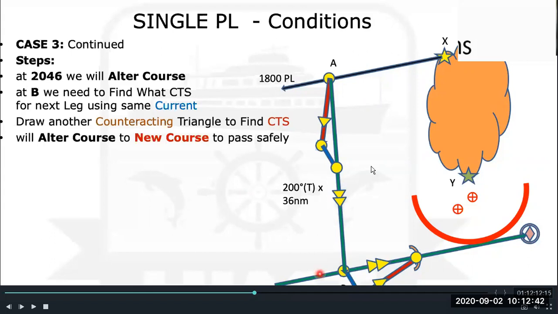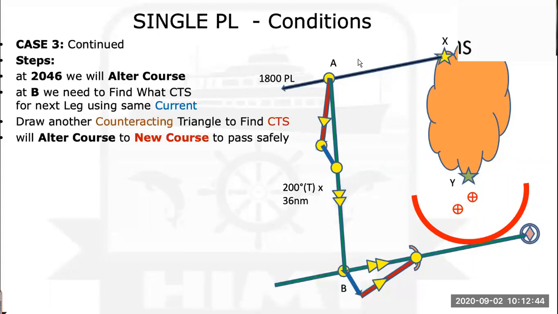So for that we have to take an initial action. Like we have in the charts, the true course to steer, and we have to alter the course. Initially we give a counter action so that we get a course to steer and the ship will move on the course made good.